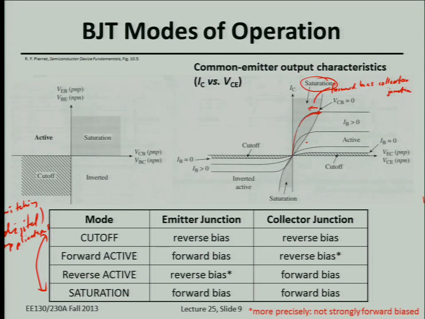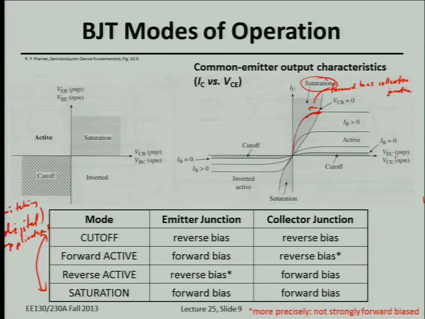You don't want to lose any voltage across a closed switch. So the output voltage here in saturation is relatively low, right? That's why when we use a BJT as a switch, in the on state we want to operate in the saturation regime, because the voltage difference, VCE or VEC, will be small across the output of this BJT.